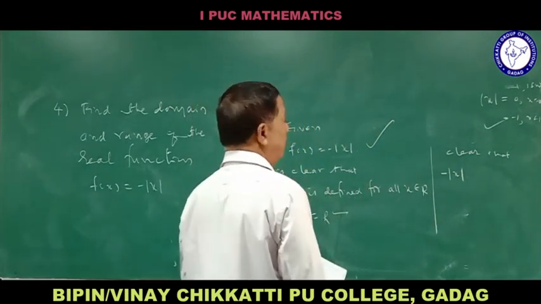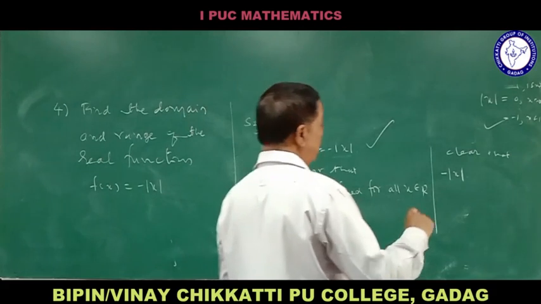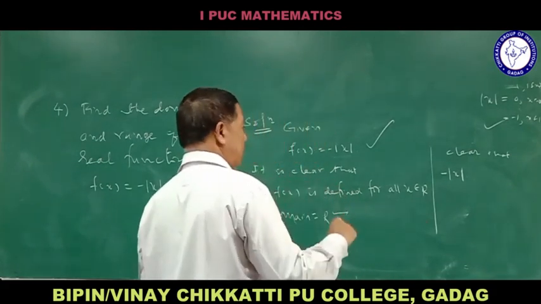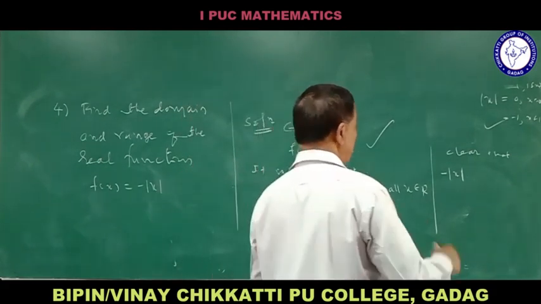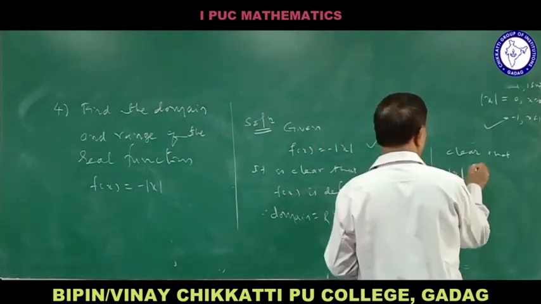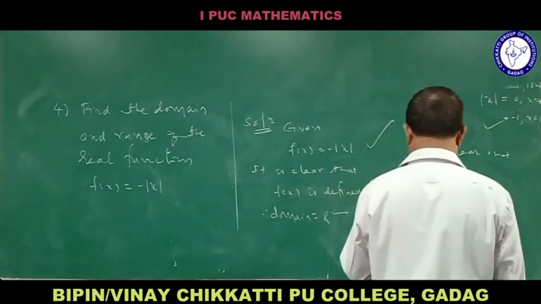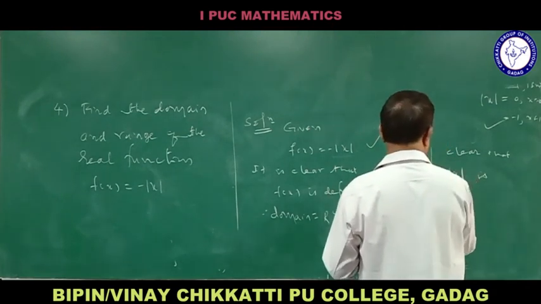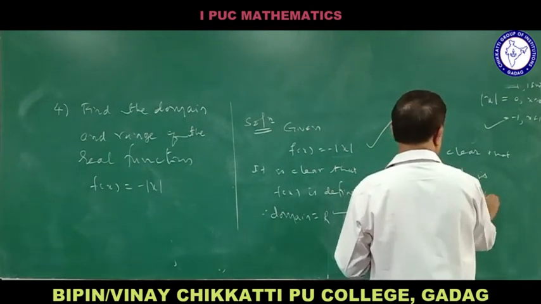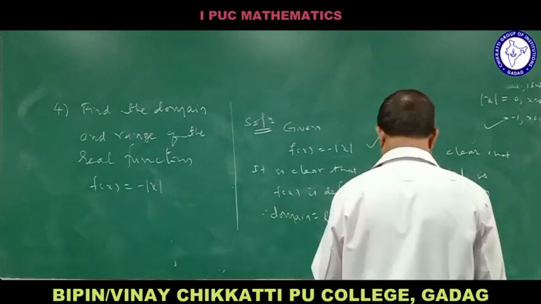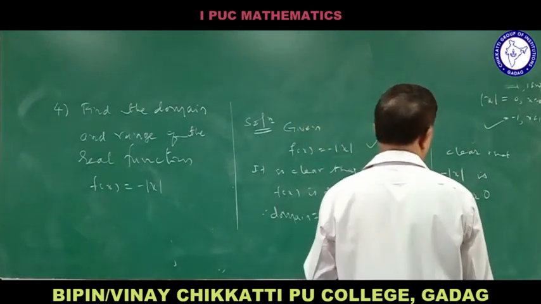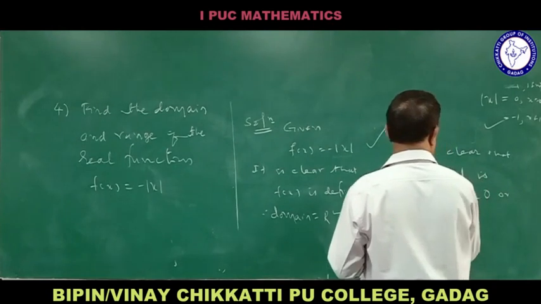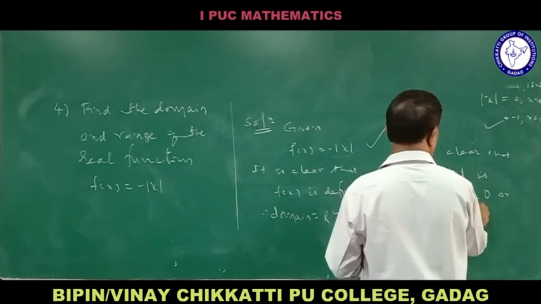If you get positive, you will get negative. So the possibilities are 0 and negative. That is why minus modulus of x is either 0, or otherwise a negative real number.